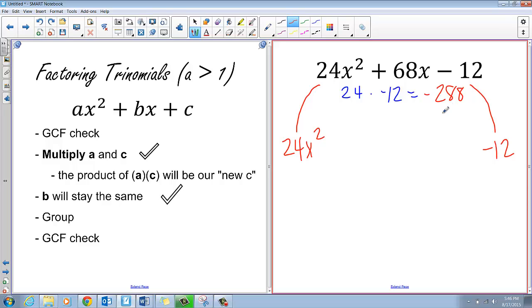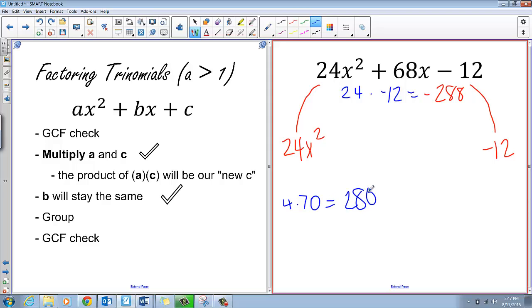Some numbers that go into 280, 70 goes into 280. It goes in 4 times. Okay, so if 70 goes in 4 times, or 4 goes in 70 times, so 4 times 70 would give me 280.